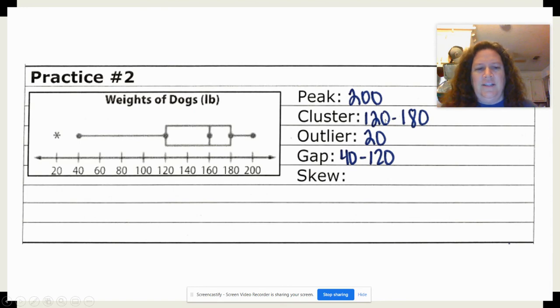We do have a cluster from 120 to 180. That's a cluster in the middle. We have an outlier at 20. We do not have a gap between 40 and 120. We have a gap between 20 and 40. And this particular graph is skewed right, which means most of the data is on the right side.